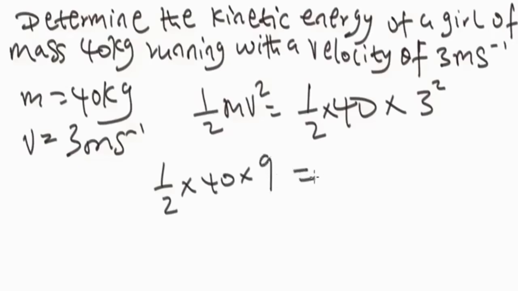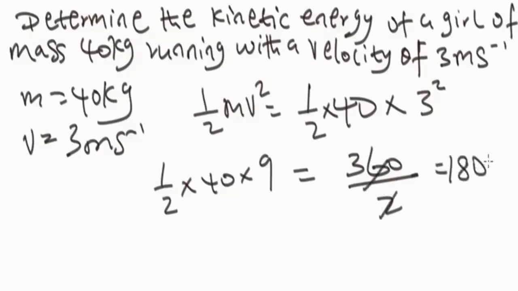When you simplify this more, you have 360 divided by 2, giving 180 joules. The unit of energy is joules. Alright, so let's wipe this and solve another problem.